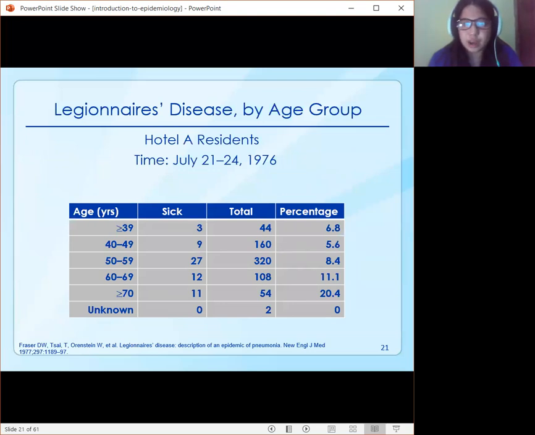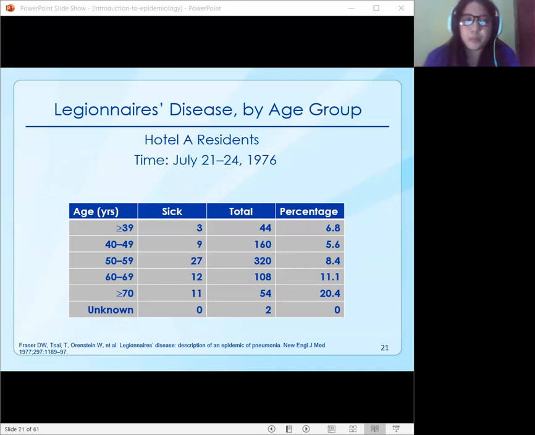Okay, so let's look at this table. This table is of the Legionnaires, by age group, because they were the ones who attended the American Legion Convention. That's why it is called the Legionnaires' table.